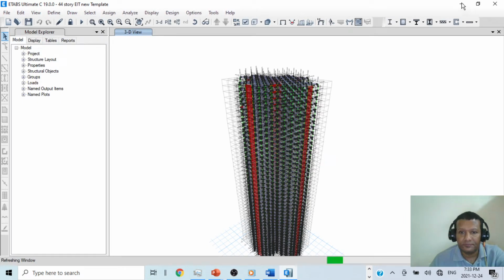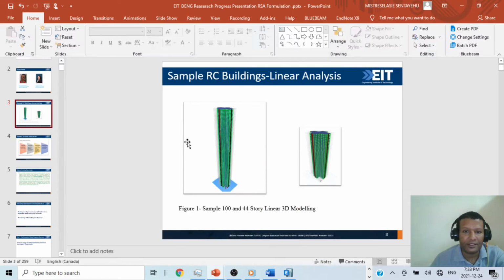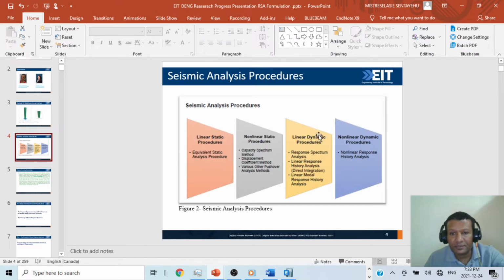So our model is now nonlinear, so we are ready to perform pushover analysis and nonlinear time history analysis. As per our discussion, we have a linear static procedure and a nonlinear static procedure. This is the nonlinear static procedure, pushover analysis. The nonlinear dynamic procedure is nonlinear response history analysis.